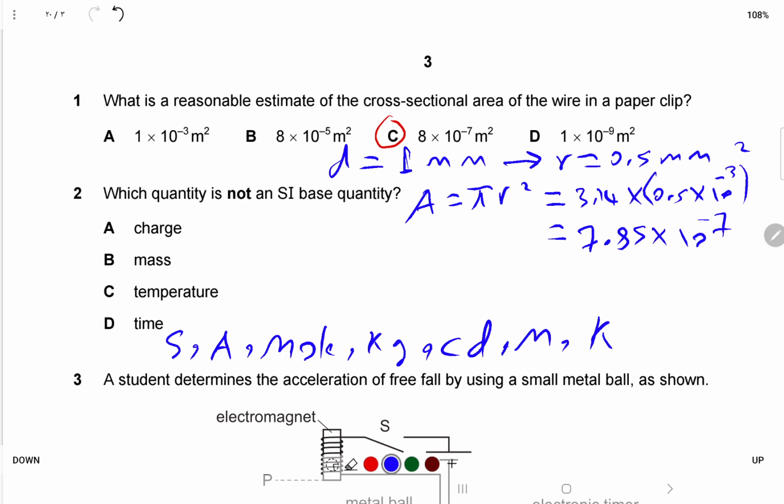These are the 7 SI base units you have to memorize. Now, which one is not an SI base unit? Clearly, this is kilogram, this is Kelvin, and this is second. Clearly, option A is the correct answer.